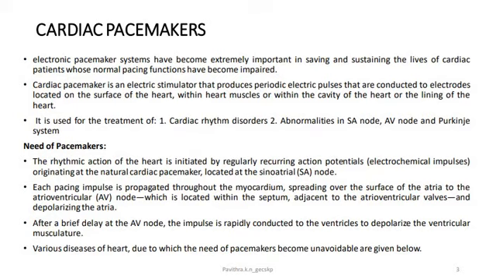Okay, so when these electrical pulses generated by the SA node reach the ventricular walls, the ventricles contract and the blood is pumped out.